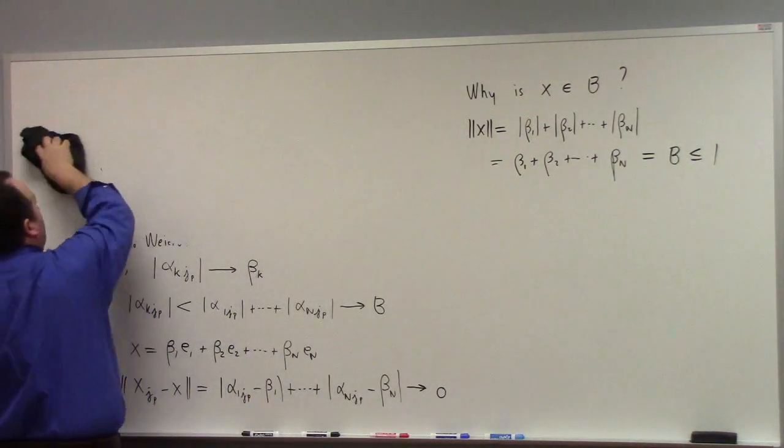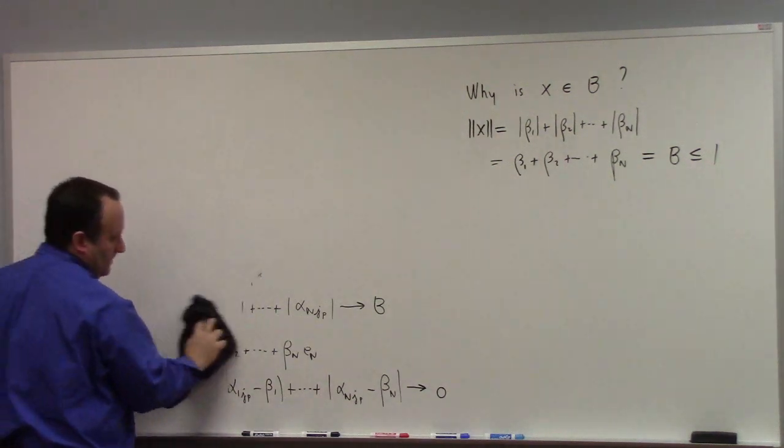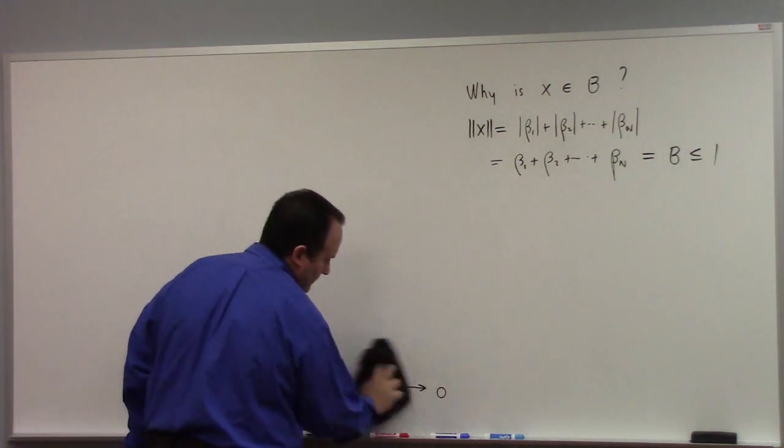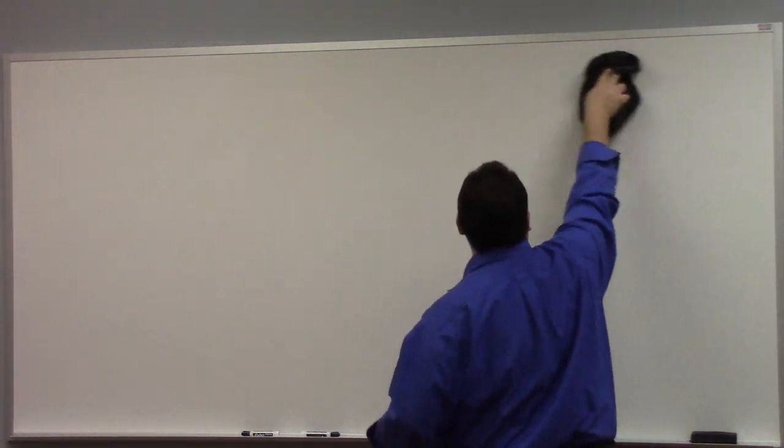Okay, so let's go on here. So we defined Banach space last time, right? And a Banach space is a what? A complete normed linear space, right? Complete meaning that every Cauchy sequence converges.